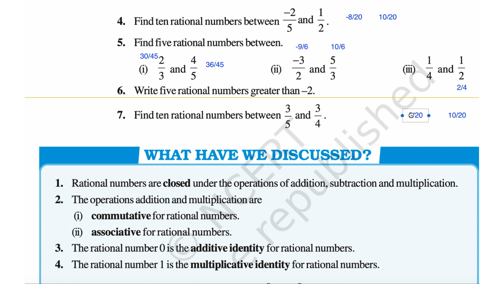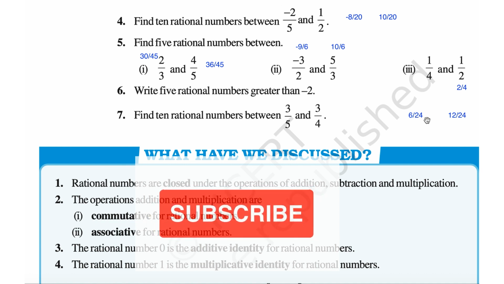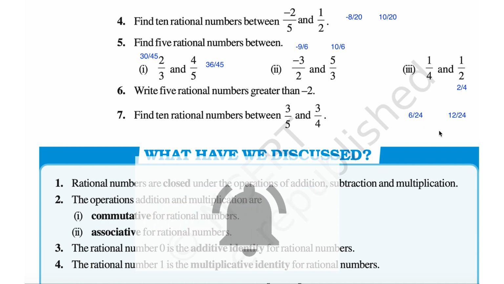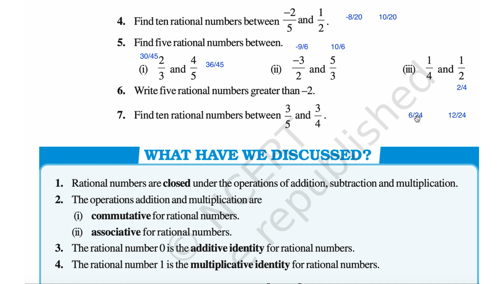So let's multiply with 6: 6 by 24 and 12 by 24. How many did you get this time? You got 5: 7, 8, 9, 10, 11. You got exactly 5 between these two: 7 by 24, 8 by 24, 9 by 24, 10 by 24, 11 by 24. Okay, this is the way you have to write them.